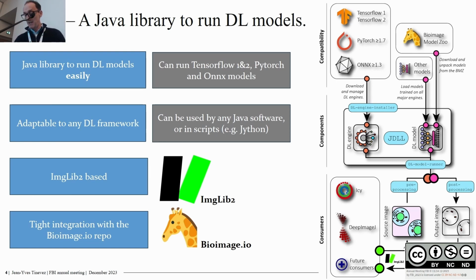Initially, it was meant for ICY, but people were interested enough so that it now fuels the DeepImageJ software. And of course, I'm going to present DeepICY, which is its counterpart. It's made to alleviate all the difficulties of managing several deep learning engines like TensorFlow 1, 2, PyTorch, and so on.